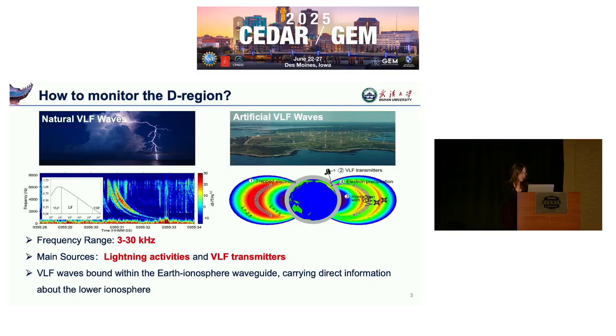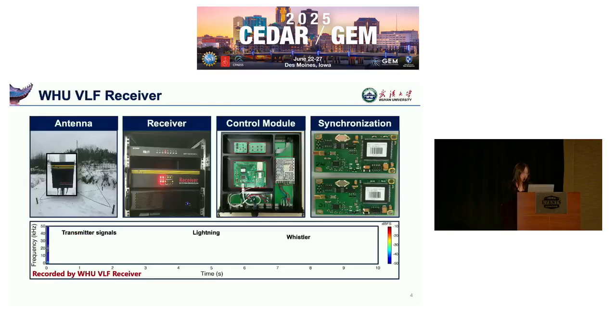The VLF waves are bound within the Earth and ionosphere waveguide. They can carry information directly about the lower ionosphere, so it has turned out to be a very effective way to probe the lower ionosphere.